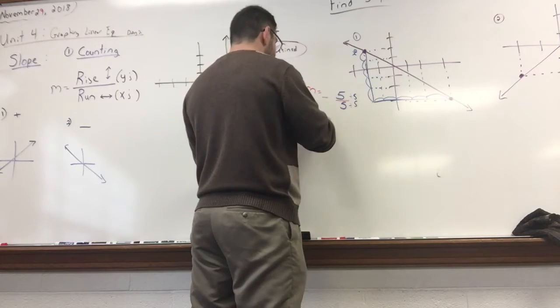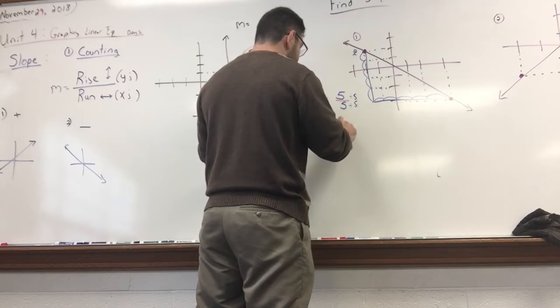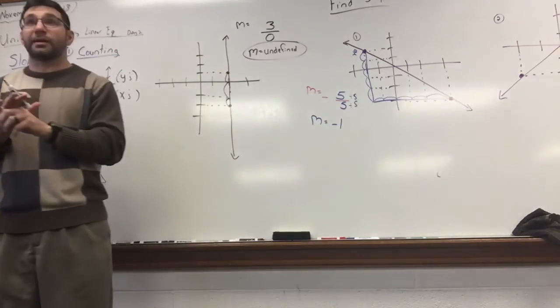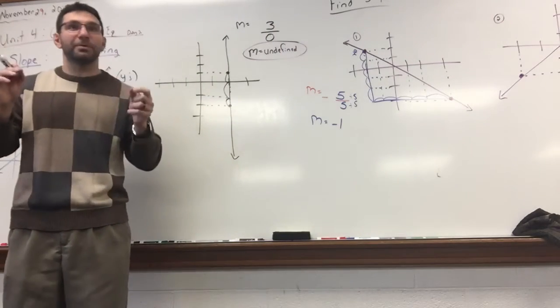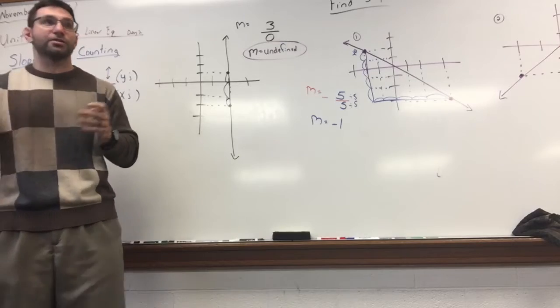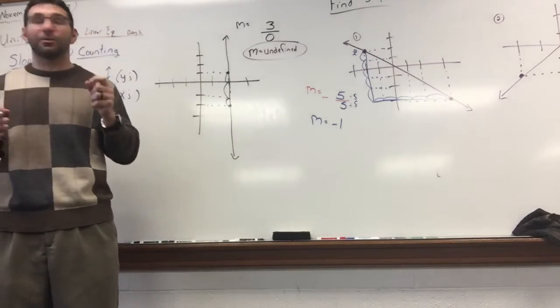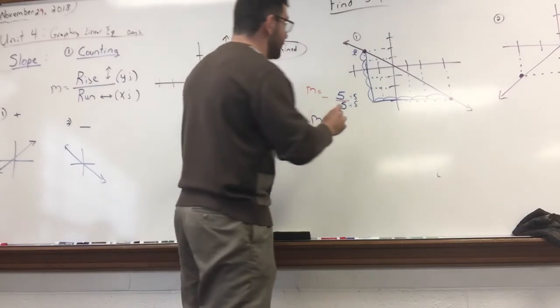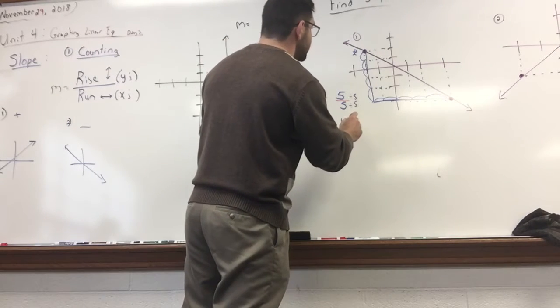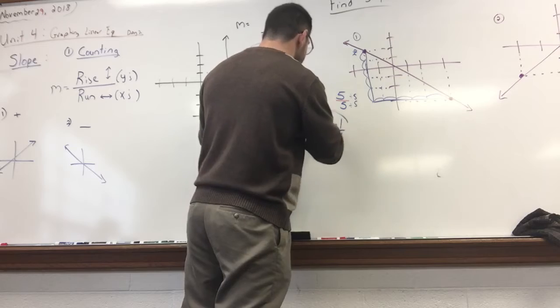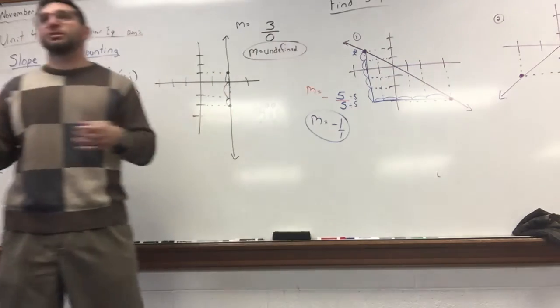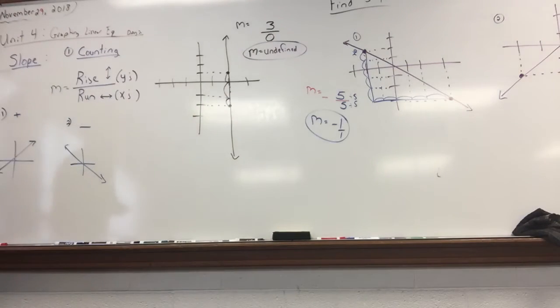So I can divide both by 5. I saw a lot of people putting negative 1, which is not incorrect. I would like you to keep it right now still as a fraction. As we start to graph, having whole numbers in your head is not going to help. So negative 5 over 5 is going to be, did I count wrong? No, I'm good. It's going to be negative 1 over 1.